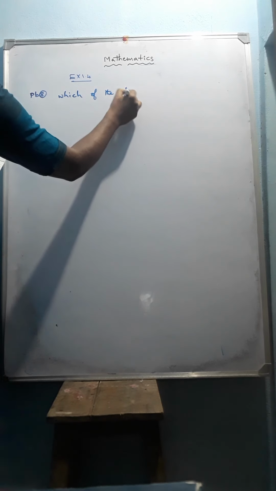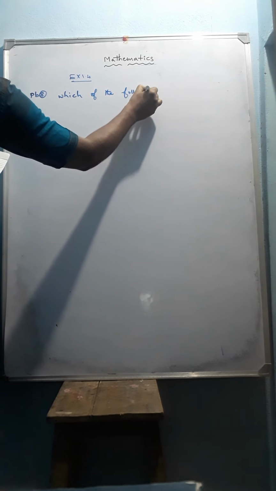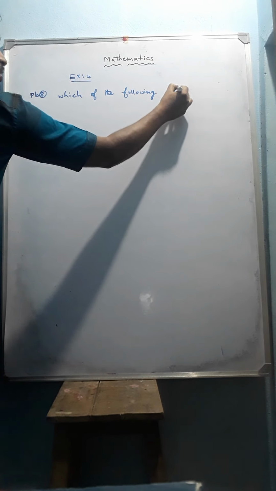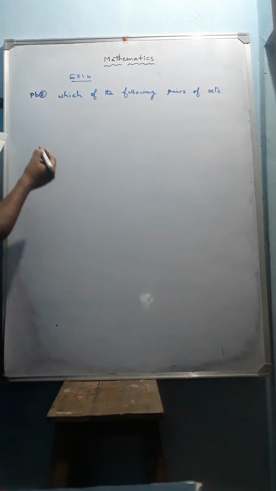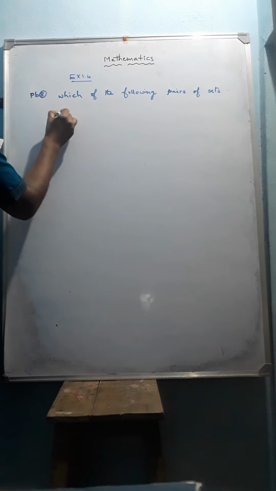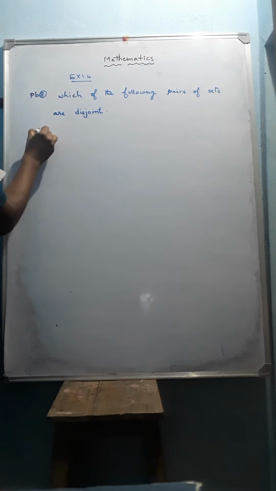So problem number 8. Which of the following pairs of sets are disjoint? Okay, so problem number 1.